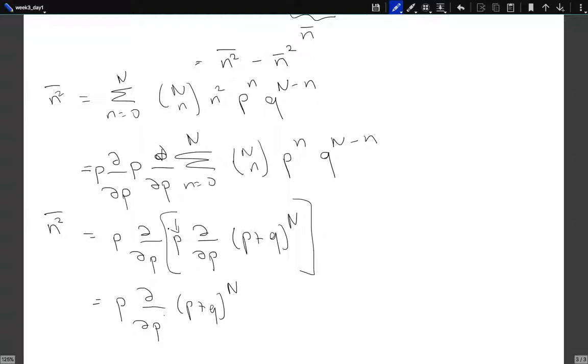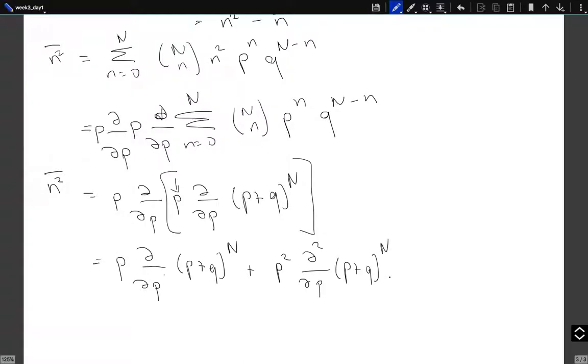So I took the derivative of this one, so this is what I have. Plus p squared, the second derivative with respect to p of p plus q to the power n.